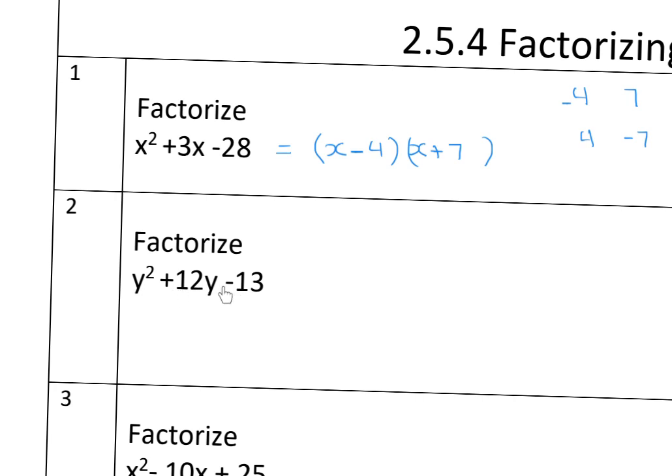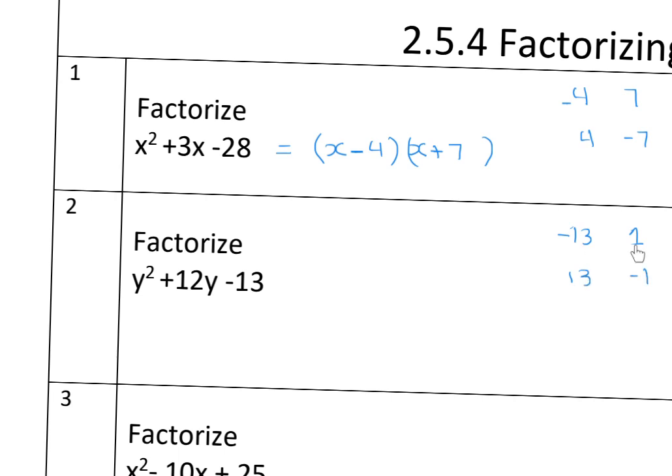Second one. y squared plus 12y minus 13. We need two numbers. If you multiply, you get negative 13, and if you add, you get positive 12. How to get 13? Because it's negative, one is negative and the other positive. So negative 13 times 1, or 13 times negative 1.